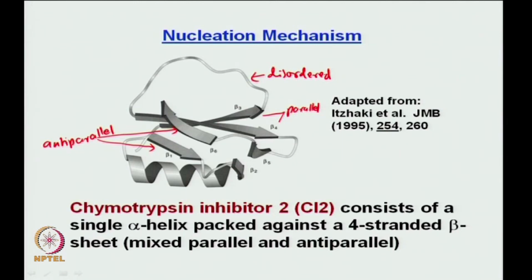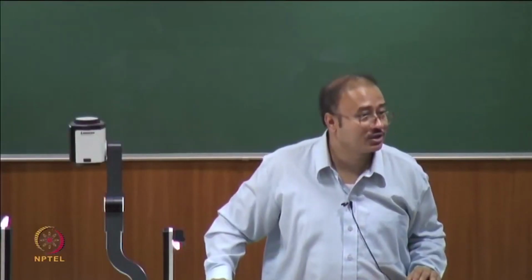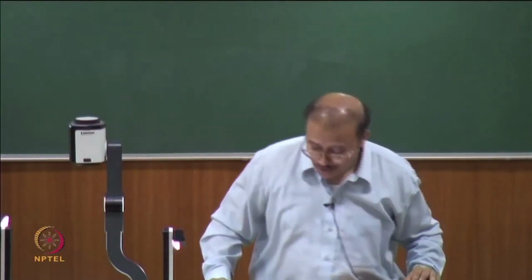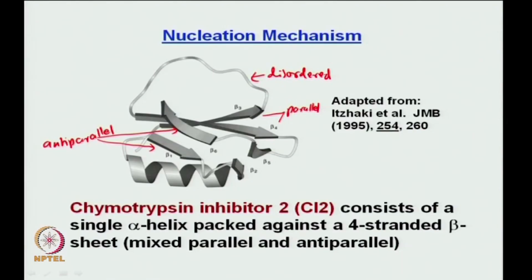I mean, so special, just such a small protein, only 62 residues, but it still has different shades of secondary structure, the types we have discussed: a helix, 2 types of beta sheets, and even the disordered form, it is a well developed disordered form. Okay, just in one protein, one structure, that too a small protein. Okay. So, it says essentially a 4 stranded beta sheet, but they also refer to beta 2 and beta 5 as a small sheet.